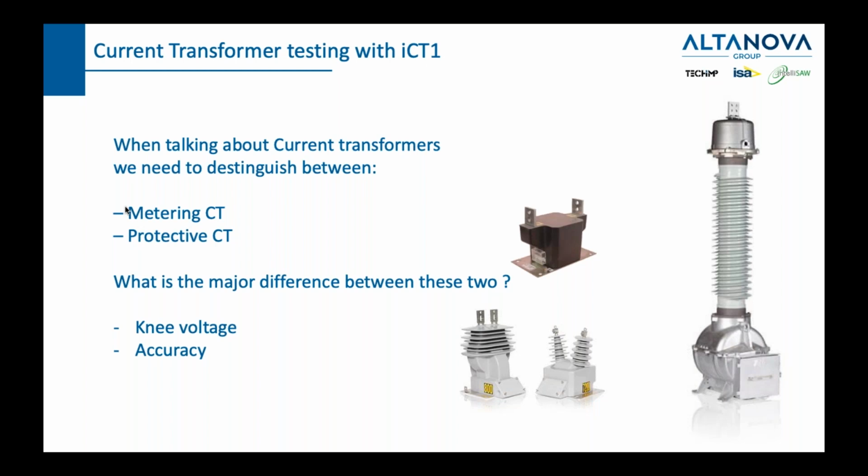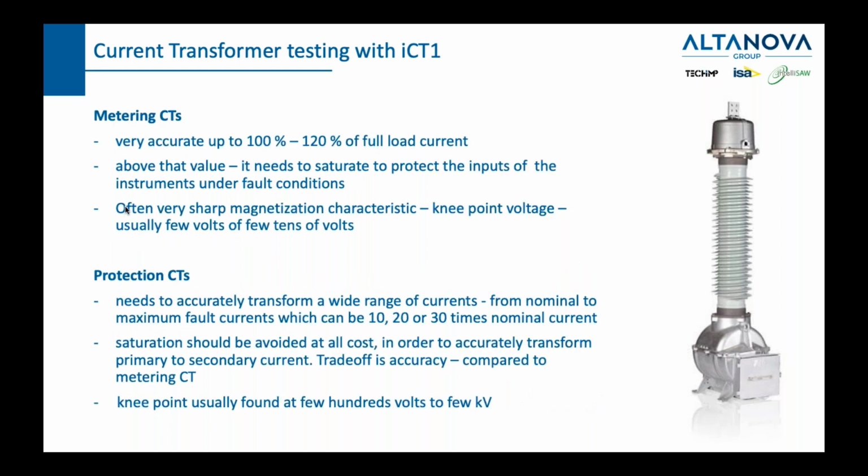So the biggest difference between these two would actually be the knee voltage and accuracy. So what do I mean by that? The knee voltage and the accuracy are the two primary differentiators when we talk about metering and protection CTs.